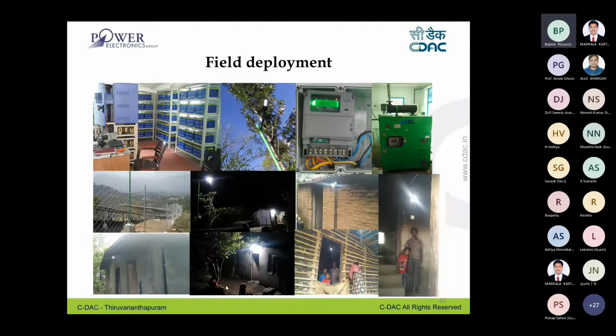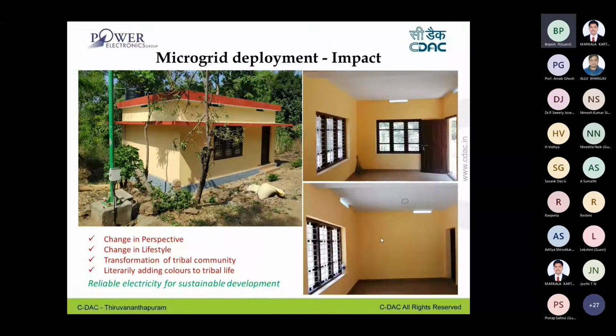You can see what their houses were like, and this is the first house constructed there after installation of our microgrid. So it is something similar to what we are making.